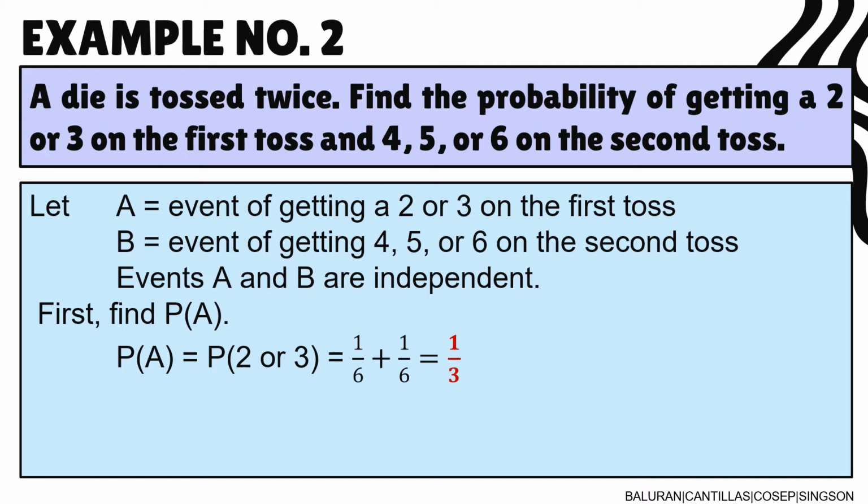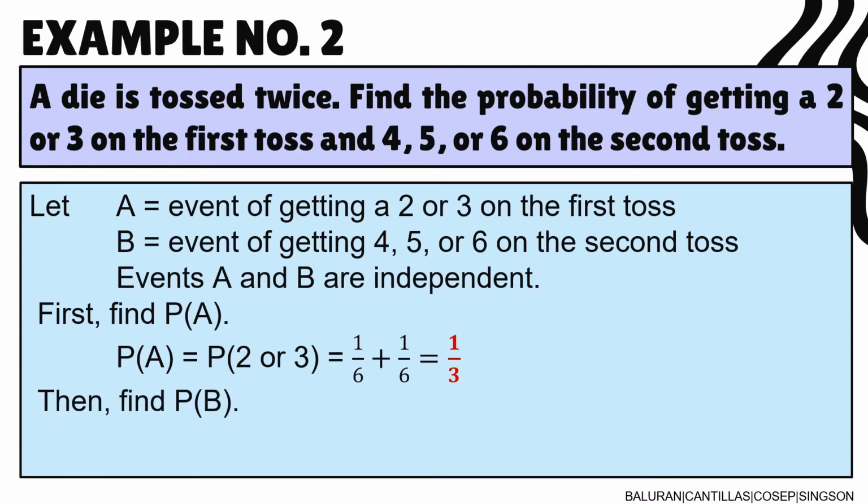Then 6 here is the total number of outcomes in tossing a die. Plus 1 here for getting a 3 over 6, the total number of outcomes. Then you add the two probabilities since this is an example of mutually exclusive events. So to simplify, that gives us 1/3.